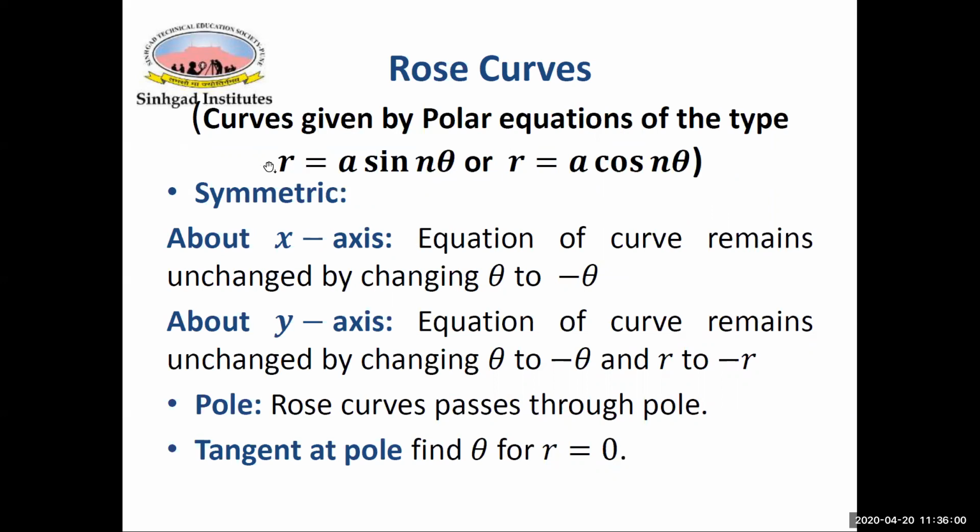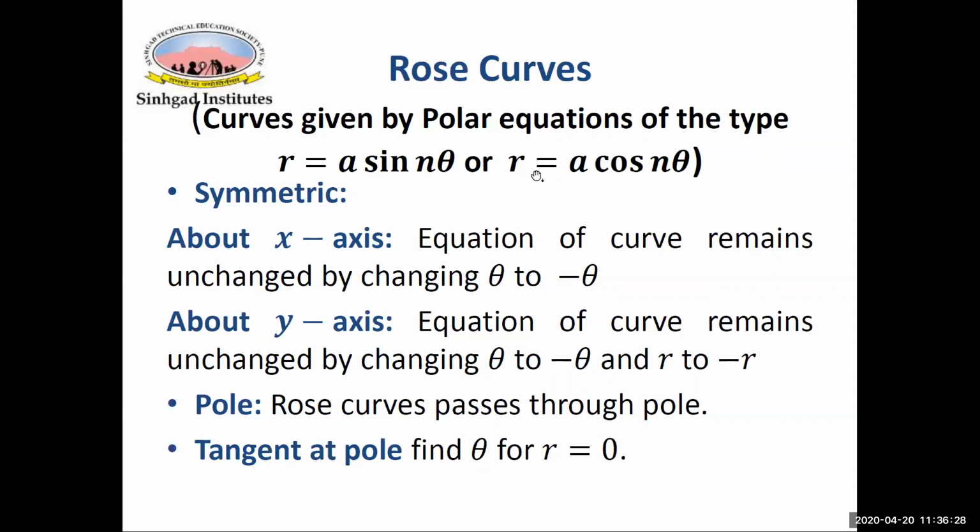The initial rules for tracing these curves are exactly the same as for polar curves because it is nothing but a polar curve. For symmetry about the x-axis, you have to replace theta by minus theta. If the equation remains unchanged, then it is symmetric about the x-axis. Otherwise, no. So r equal to a sin n theta will not be symmetric about the x-axis because for theta replaced by minus theta, the sign is changing.